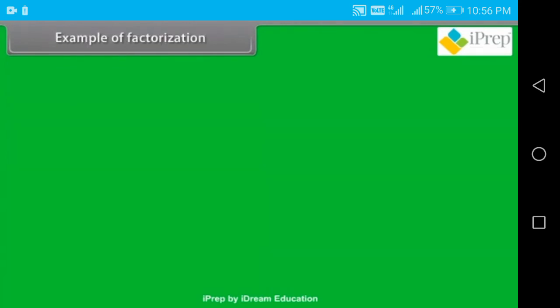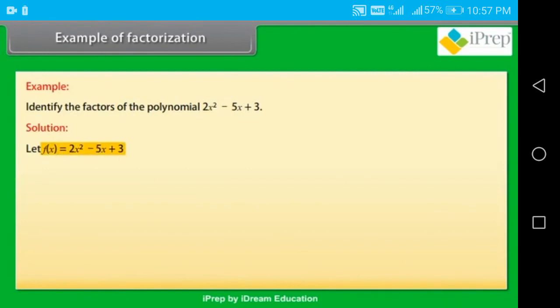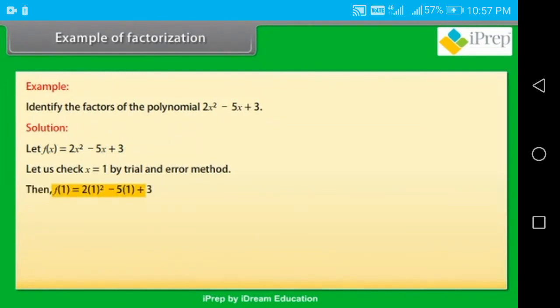Example of factorization. Example. Identify the factors of the polynomial 2x squared minus 5x plus 3. Solution. Let f(x) be equal to 2x squared minus 5x plus 3. Let us check x equal to 1 by trial and error method. Then f(1) is equal to 2(1) squared minus 5(1) plus 3, which is 2 minus 5 plus 3, which equals 0.